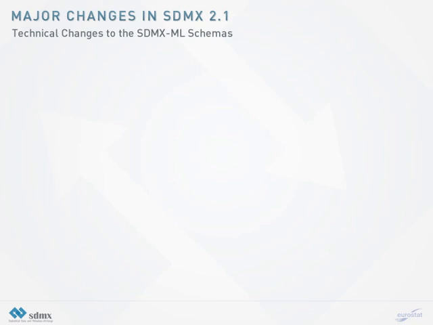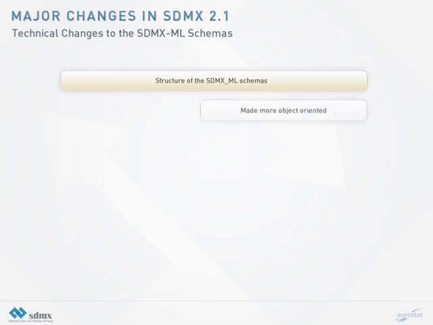Concerning the technical changes to the SDMX ML schemas, the XML message schemas have been restructured to be closer to the information model, which also simplifies software implementation. In order to ease the maintenance effort and readability of the schemas, they have been broken into module files at appropriate levels.